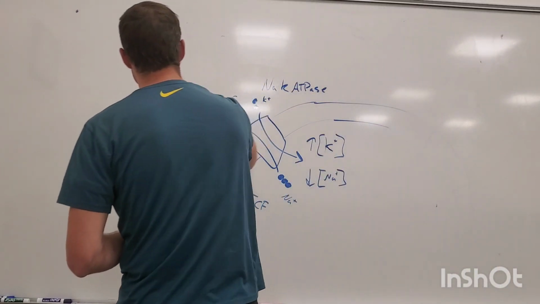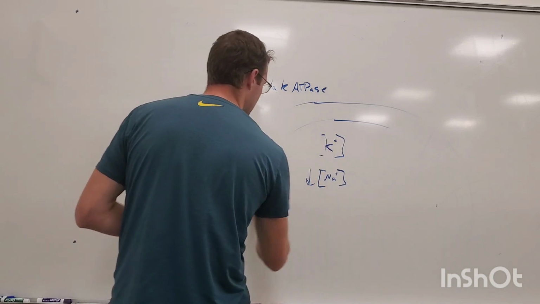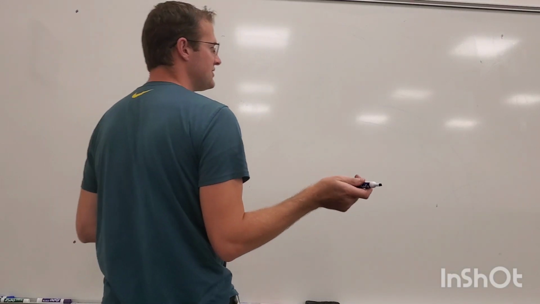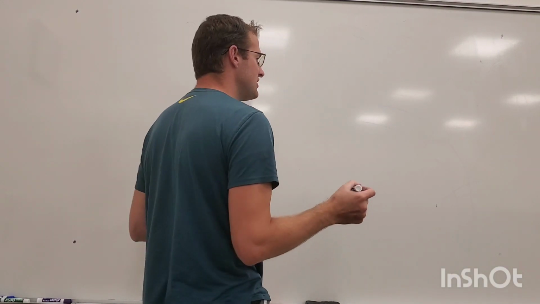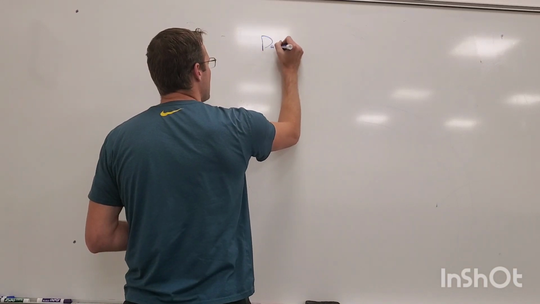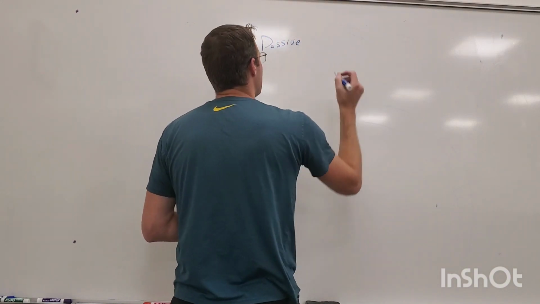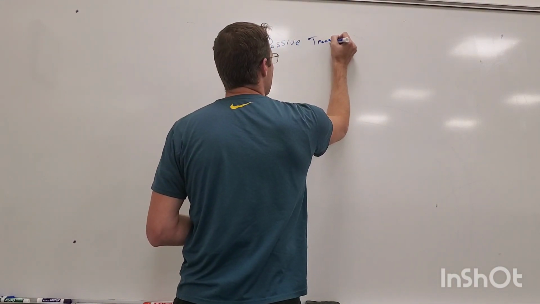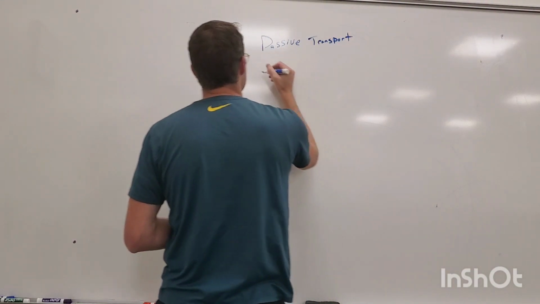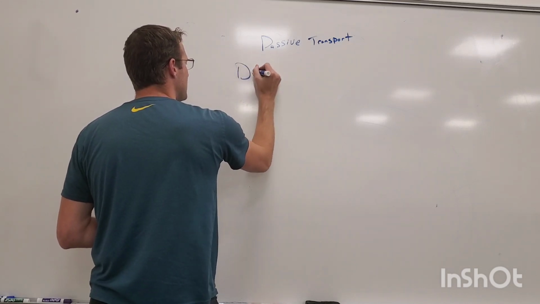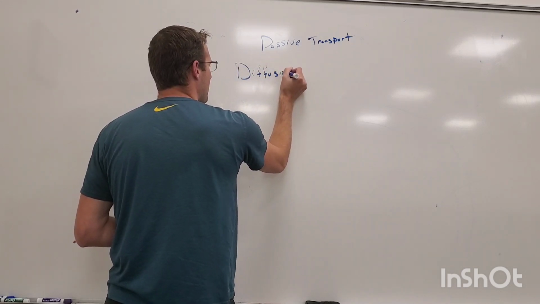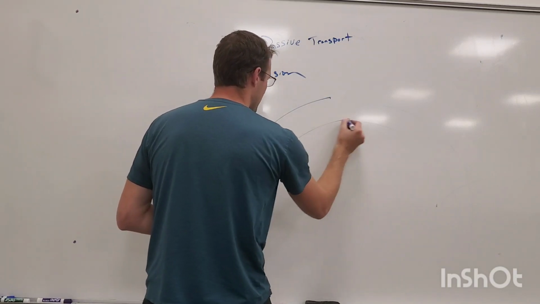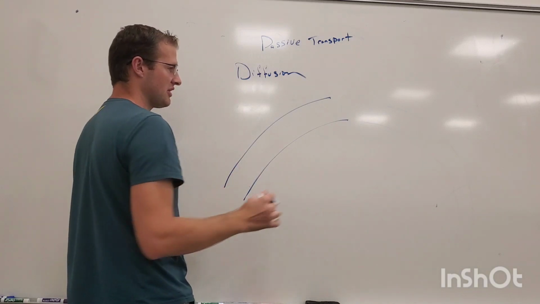All right. I did skip over diffusion. Diffusion is passive, and I think I mentioned it when I was discussing passive and active transport, but we can talk about diffusion a little bit more. Diffusion is basically a molecule's ability to migrate across the cell.